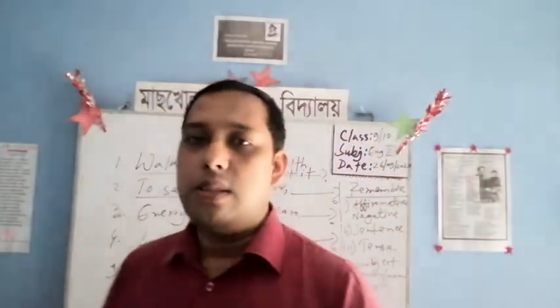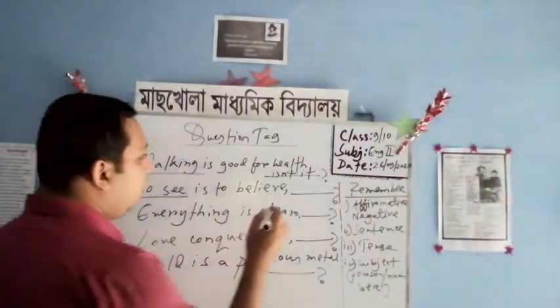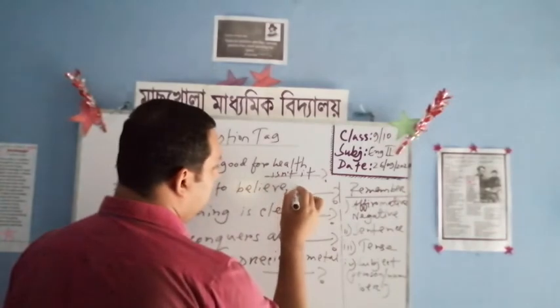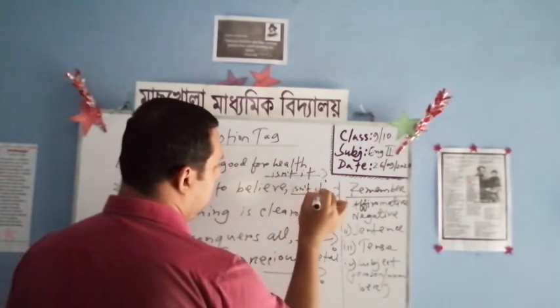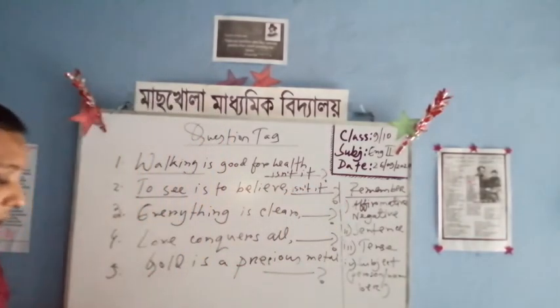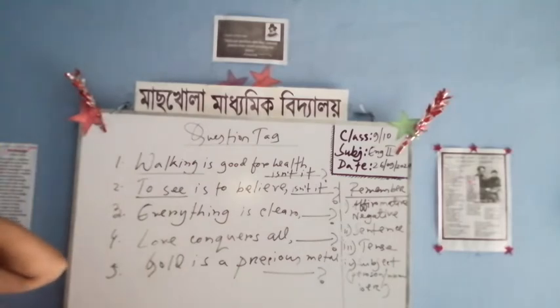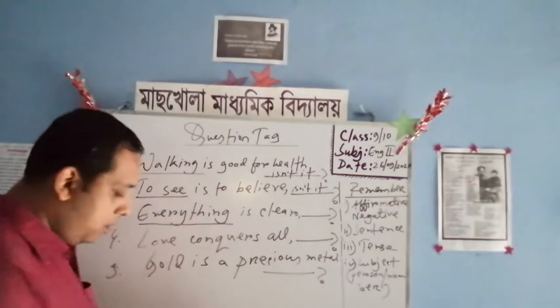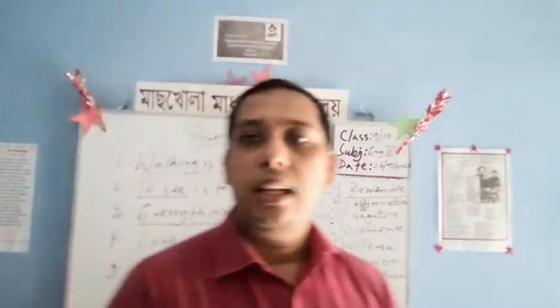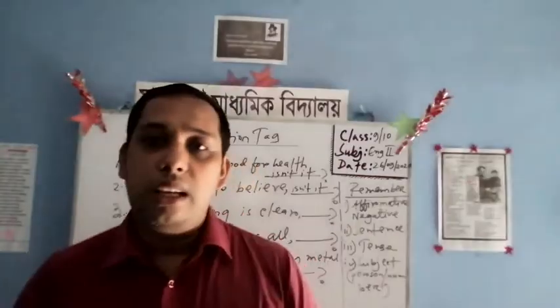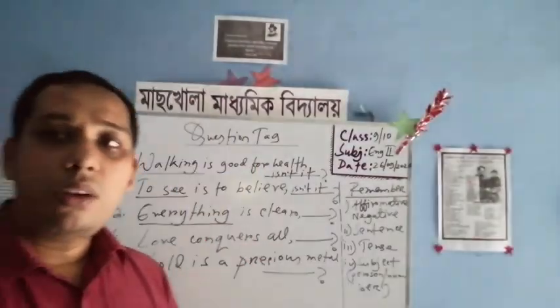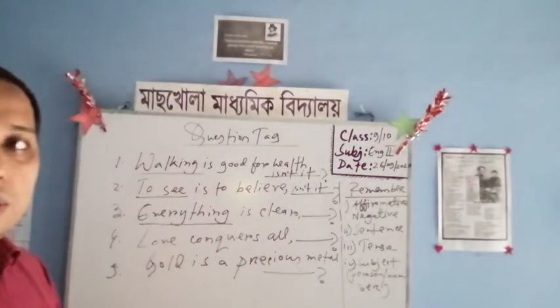So what would be the answer? The same answer here: isn't it? As it is an affirmative sentence. Look at the next sentence: everything is clear. In case of everything, something, nothing, anything, we use the pronoun it.